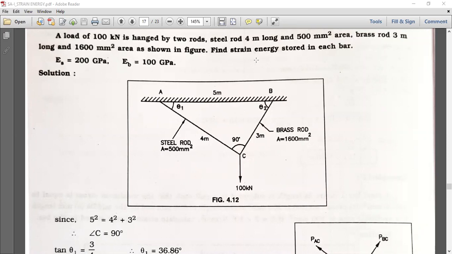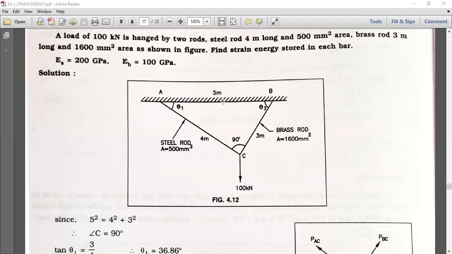Find the strain energy stored in each bar. ES is equal to 200 GPa, or 200 into 10 raised to 3 Newton per square mm. EB is equal to 100 GPa.